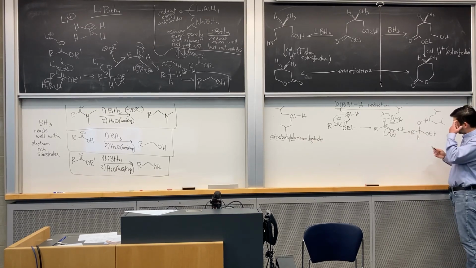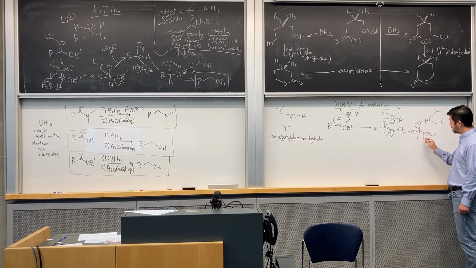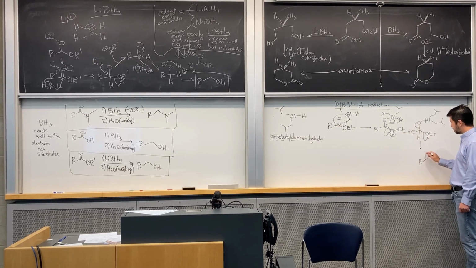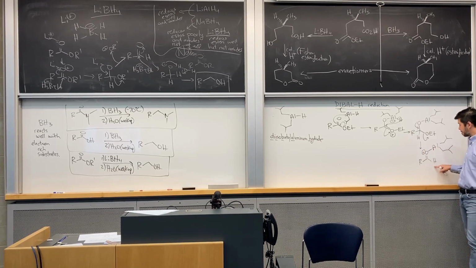And what's going to happen is that you're going to now form a pi bond. You're going to release off your ethoxy group, and you're going to generate this intermediate, which looks very much like an aldehyde. Okay, this aluminum is no longer nucleophilic.